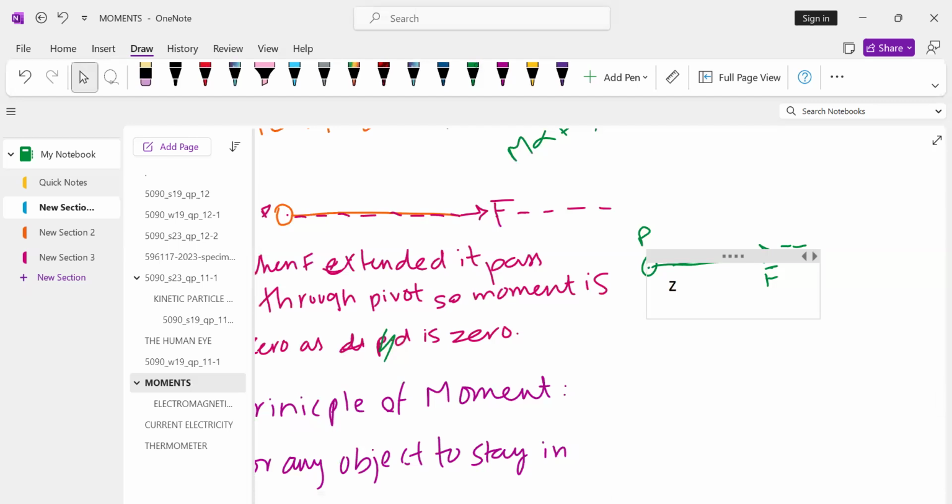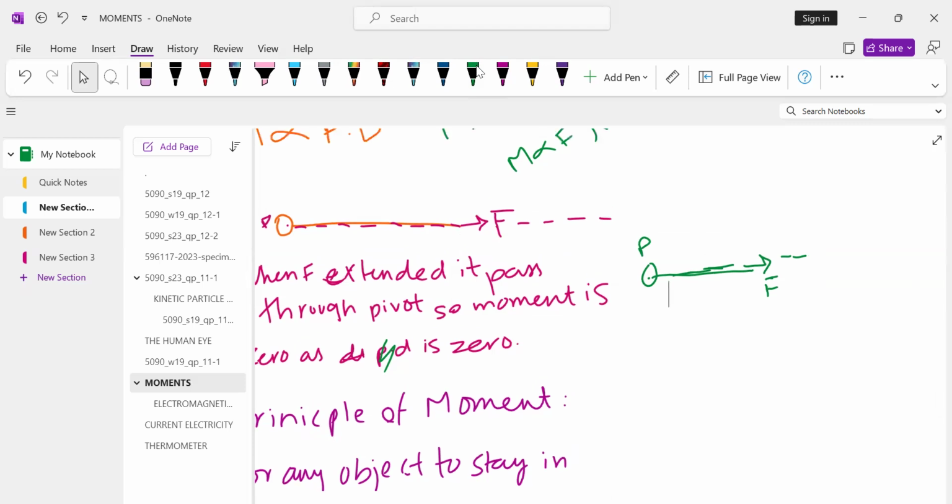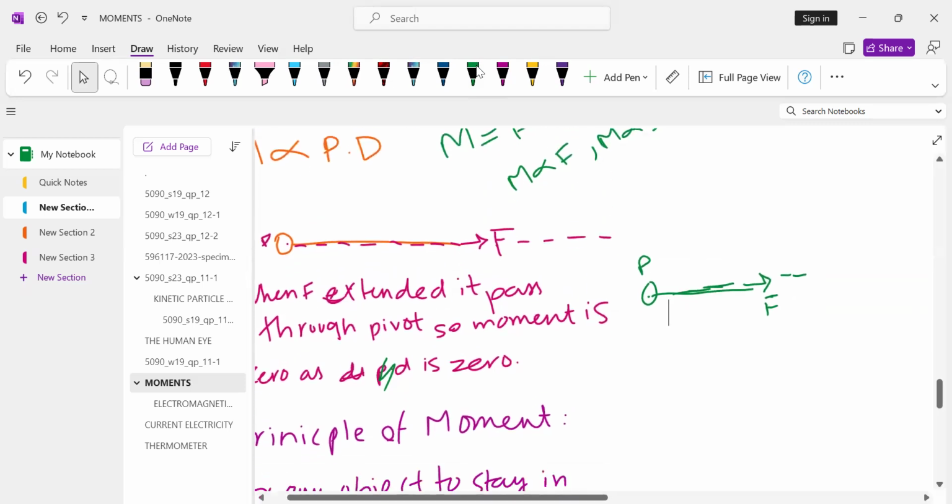And when it joins with the line of the pivot, the perpendicular distance is 0. And when the perpendicular distance is 0, the moment is also 0. Because if the force is given, for example, 10 Newton, and the distance is 0 in such a diagram given in the question, then force 10 into 0 gives answer 0. That's why the moment is 0.